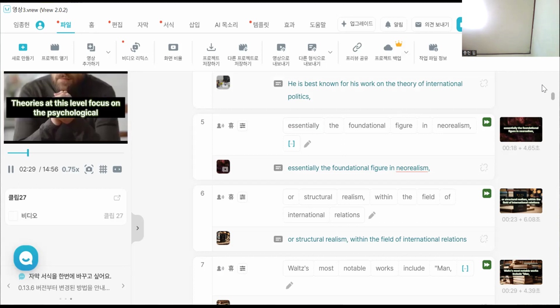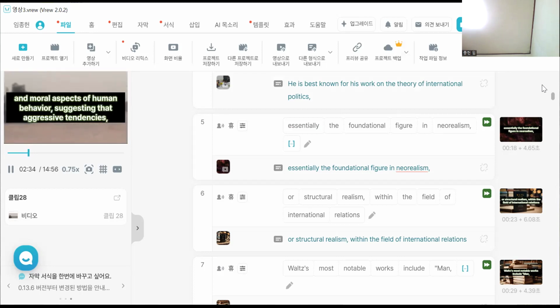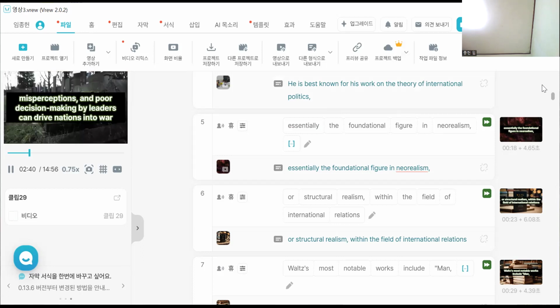Theories at this level focus on the psychological and moral aspects of human behavior, suggesting that aggressive tendencies, misperceptions, and poor decision-making by leaders can drive nations into war.